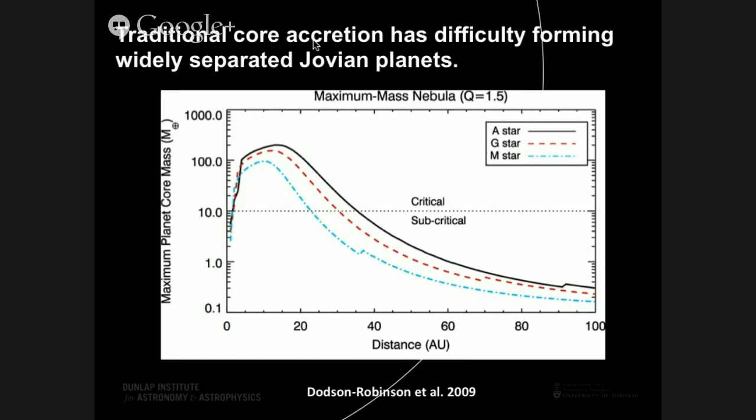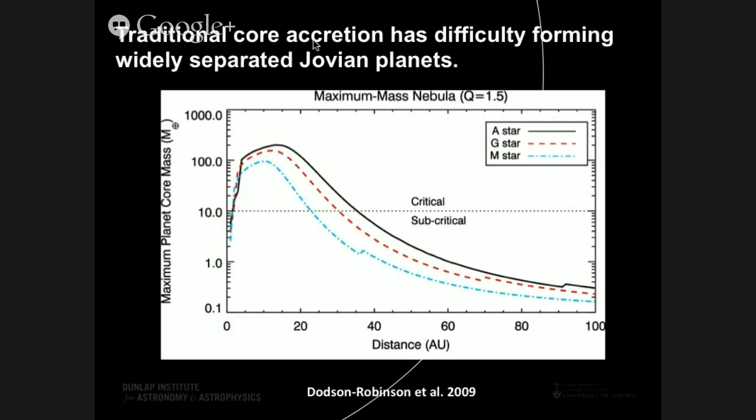What's been difficult is trying to get this mechanism to work for the much more widely separated Jovian planets like we see in direct imaging. This is an example of how this is difficult, from a paper by Dodson-Robinson in 2009. They looked at different disks around stars of various masses and saw how far out they could get a large enough core to form such that they could then make a Jovian mass planet.